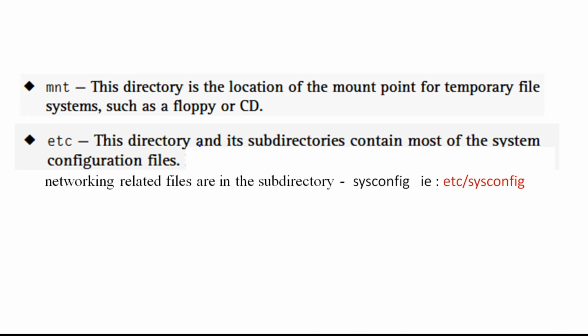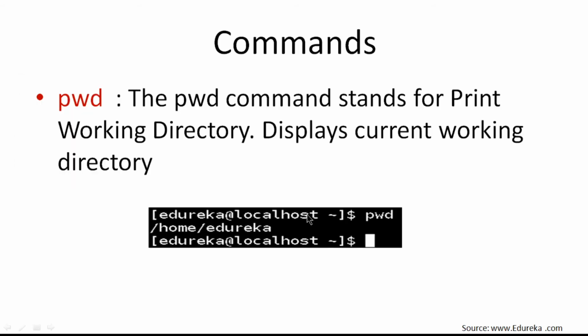This contains most of the system configuration files. If it's networking related files, you can find them under etc sysconfig. So all the configuration files can be found in the etc directory. So these are the various directories of a Linux operating system.